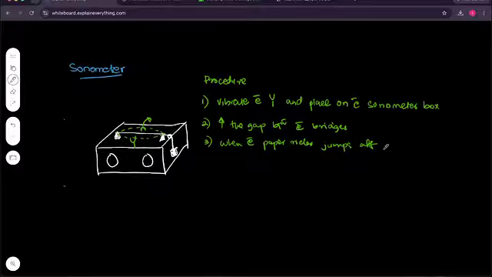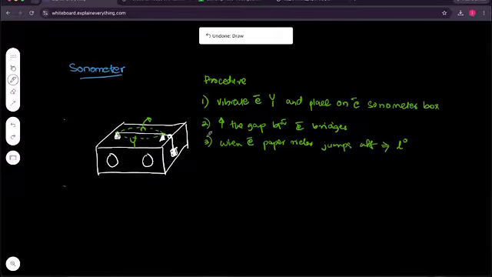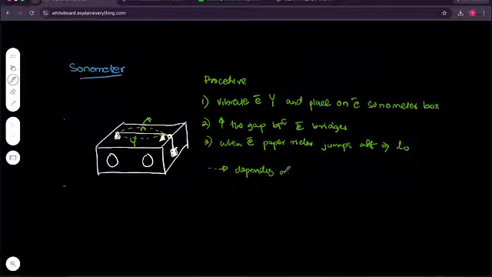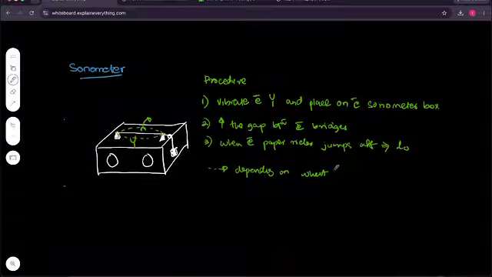When the paper rider jumps off, we can measure the length L0. This is the usual procedure. From here on, depending on what we want to determine, the experiment will continue.